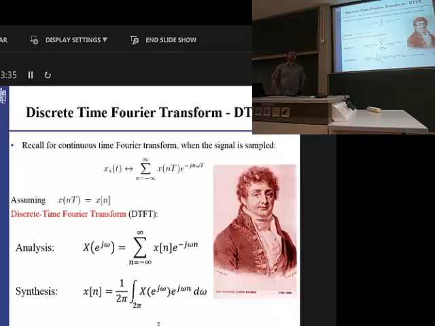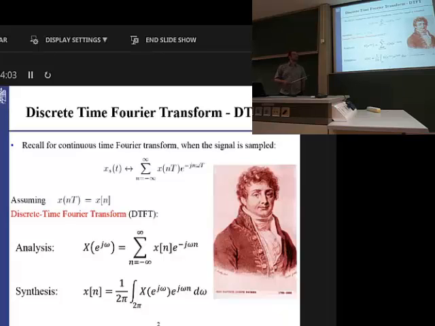But there was a big problem with the DTFT: the frequency representation of the signal is continuous in the frequency domain. So if we intend to do any kind of processing over the frequency components, it's not possible to have it inside the computer.